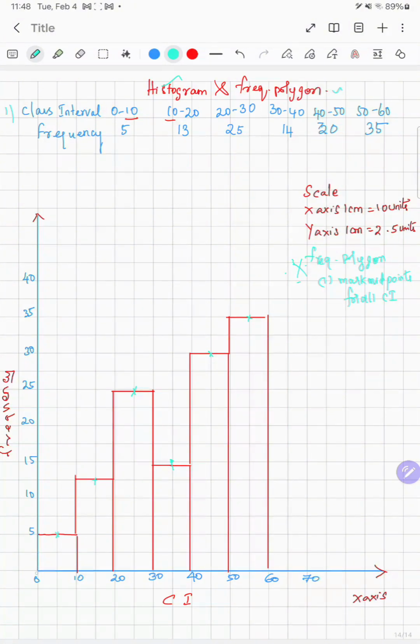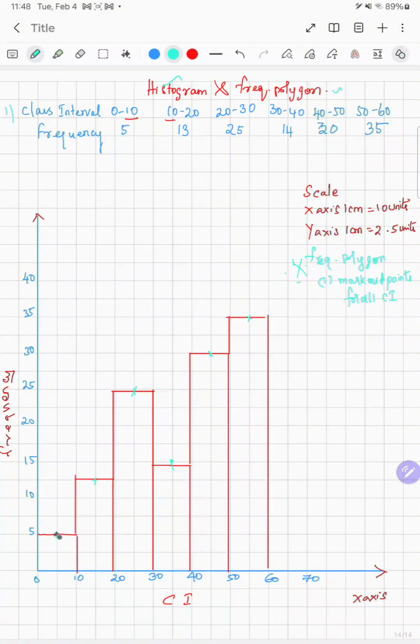For the beginning, it starts from 0. To end the frequency polygon, you have to go through the midpoint of this line, I'll tell in the last. First we will draw these lines by the scale.